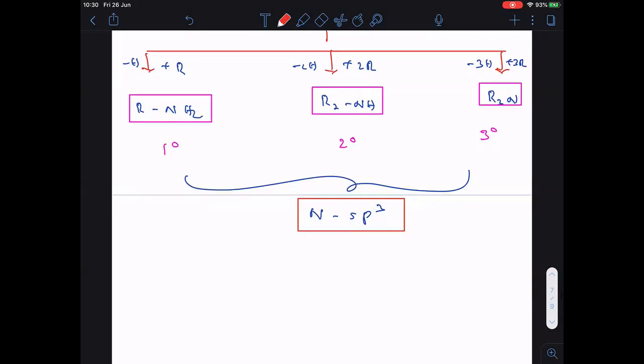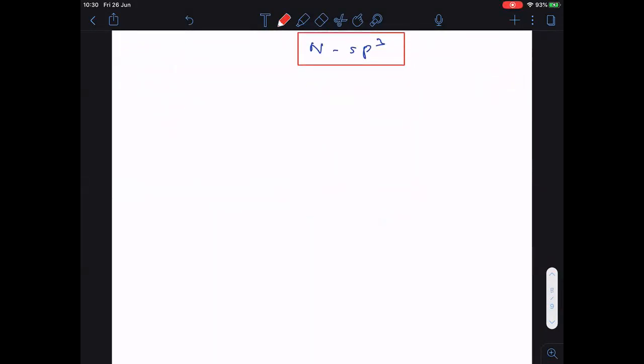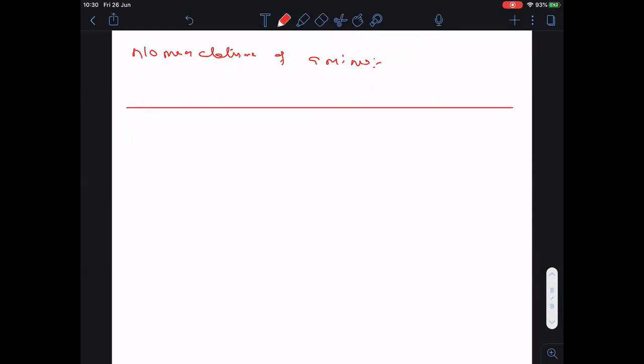Hope it is completed. Now we are going to see the nomenclature of amines. Nomenclature of amines. So now in this nomenclature, first of all, here I want to take the amine.